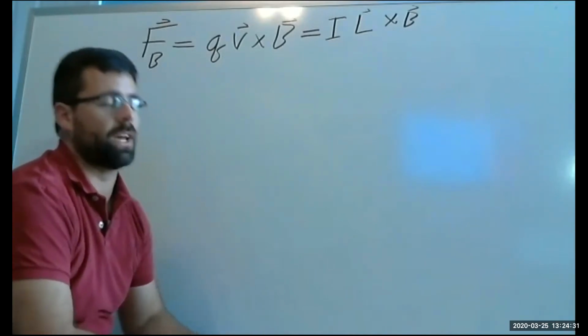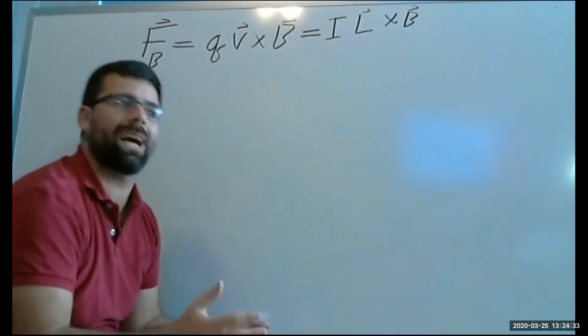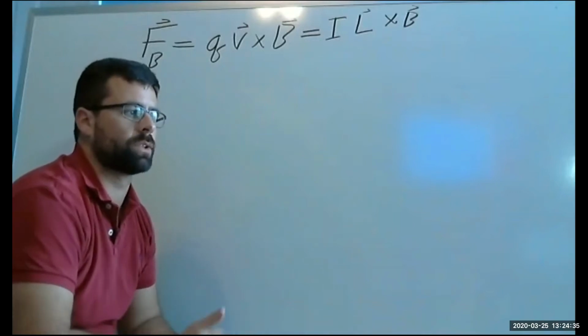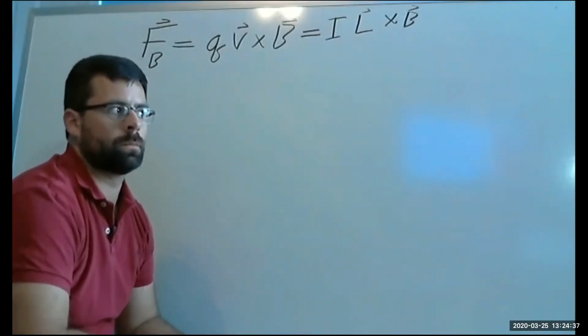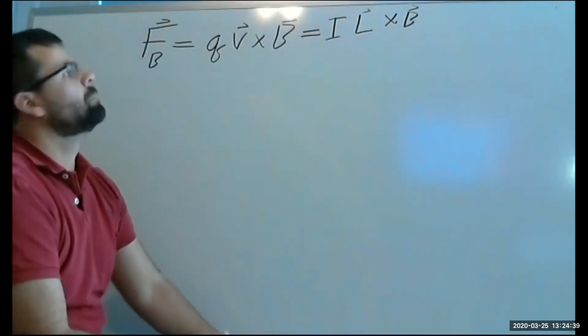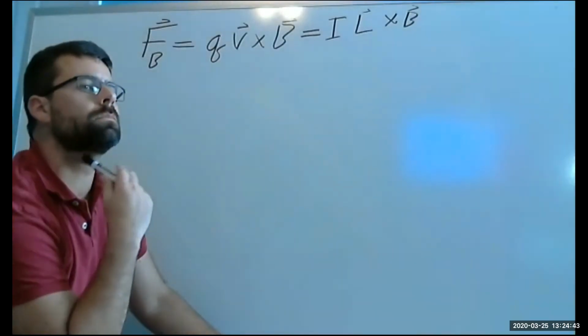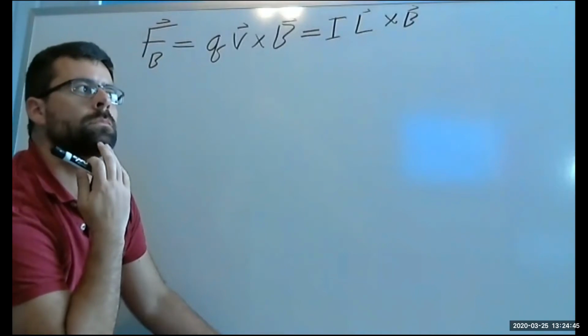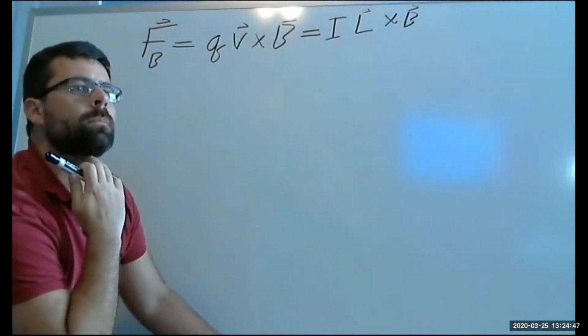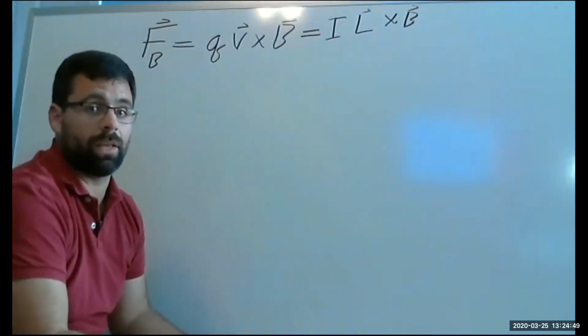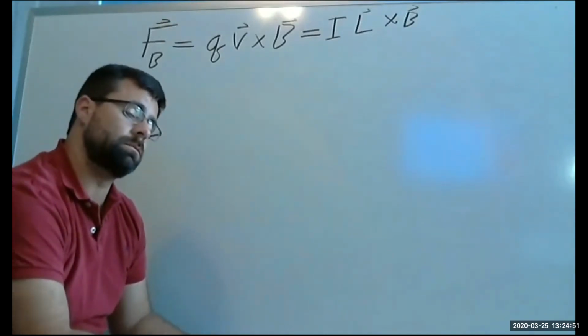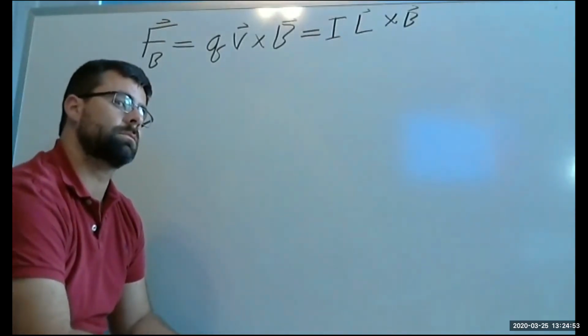If none of the numbers up here are 0, how could you make the force zero? If it's a negative force acting upon that, I guess. Or like kind of going against it. Well, if you stop the current, then I is 0. So none of them are 0, right? That's tough.